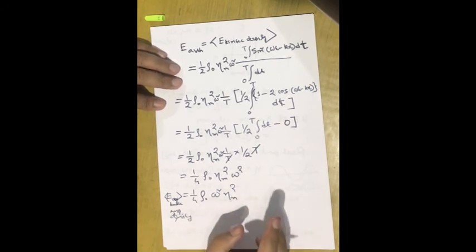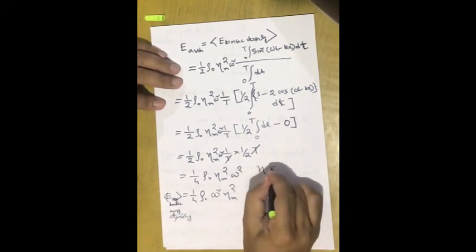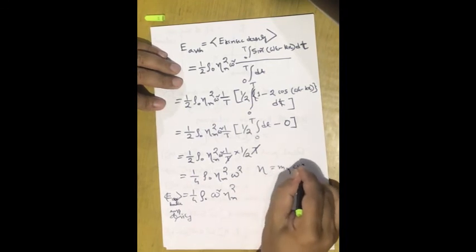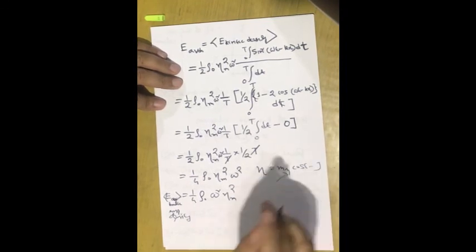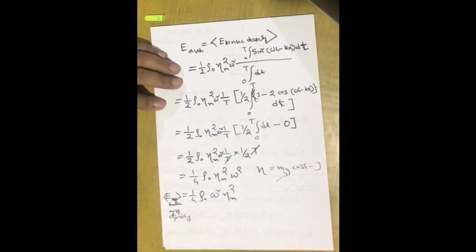Eta m, as you know, is the displacement amplitude; eta is equal to eta m into some cosine. So eta m basically means the amplitude of the sound wave. Therefore, kinetic energy depends on the amplitude of the sound wave, its frequency, as well as the density of the air column. These three parameters basically determine the average kinetic energy of the sound wave in that medium.